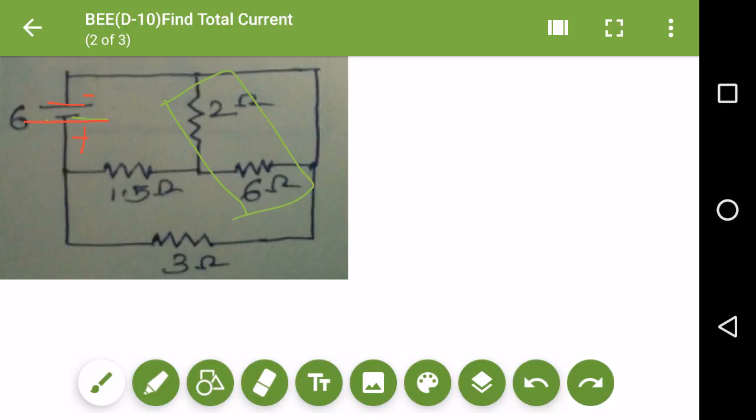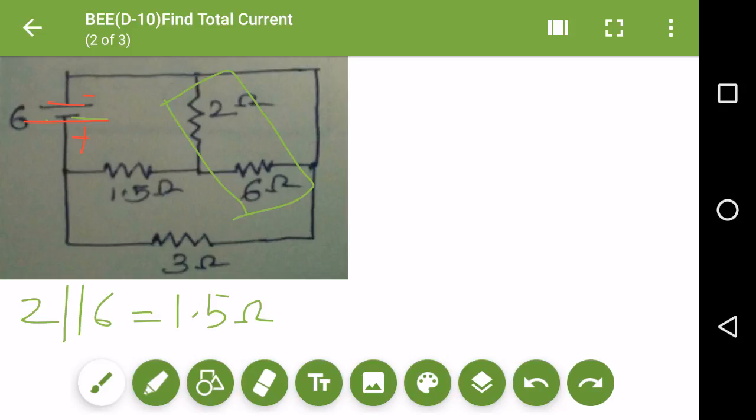I will combine them. As you can see, these two resistances are in parallel, so my first step will be 2 ohm parallel with 6 ohm, and by doing that you will get 1.5 ohm.